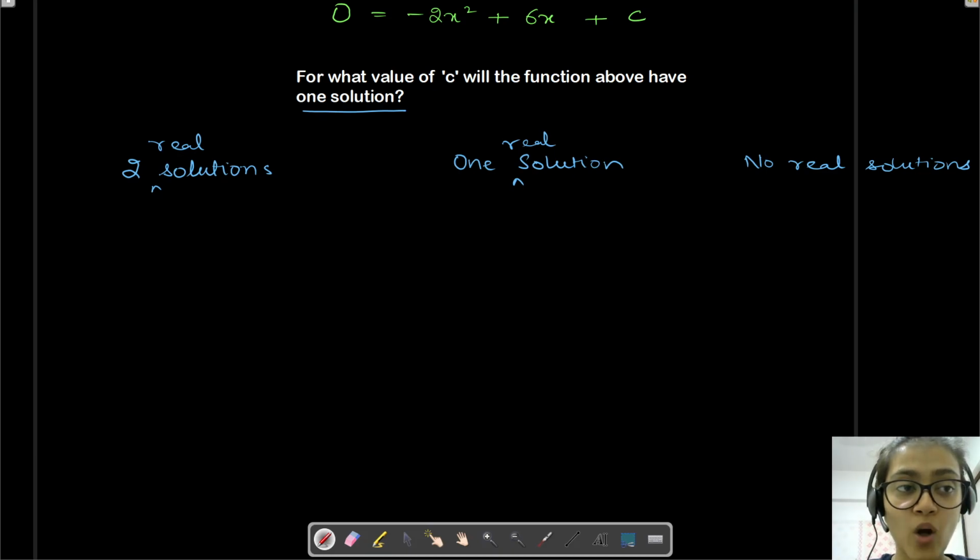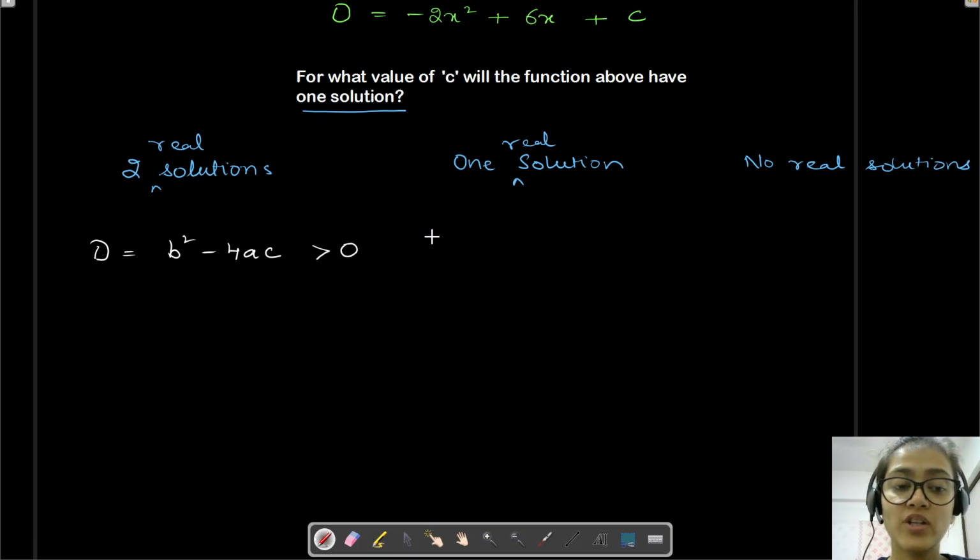Now there is something called the discriminant. It's given by b squared minus 4ac. So all you need to do is find out the value of b squared minus 4ac. If the equation has two real solutions, then this quantity will be positive.